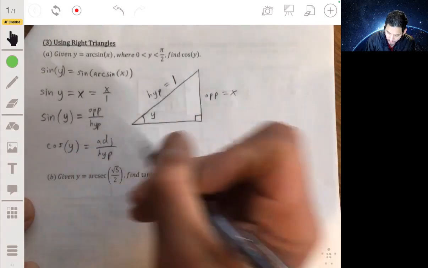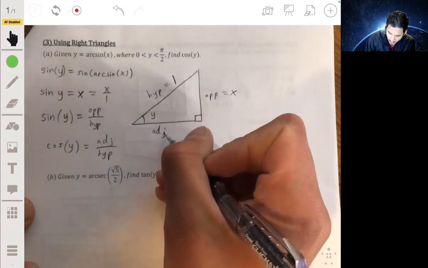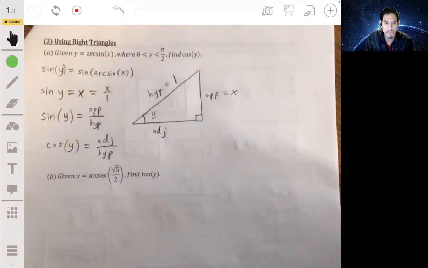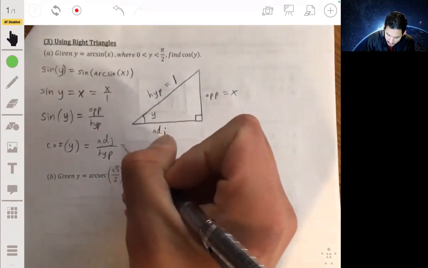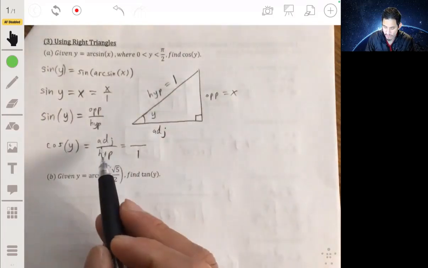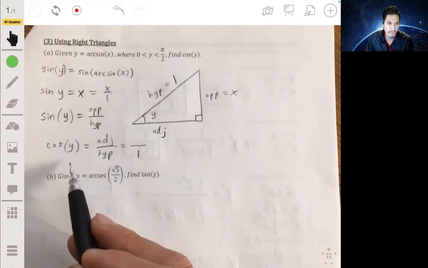The adjacent side is this side right here, and the hypotenuse is just 1. So we just have to solve for the adjacent side to figure out what the cosine of y would be.